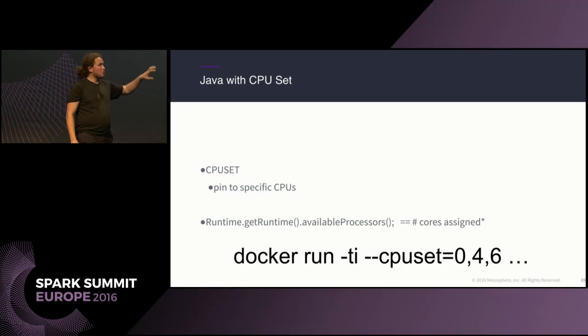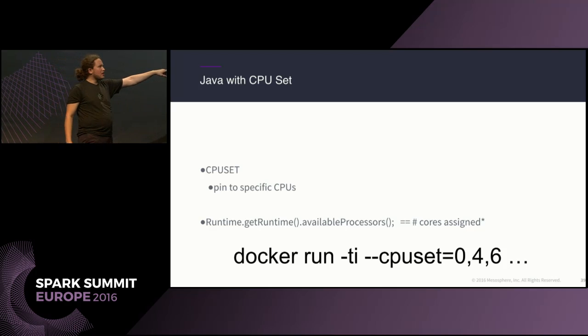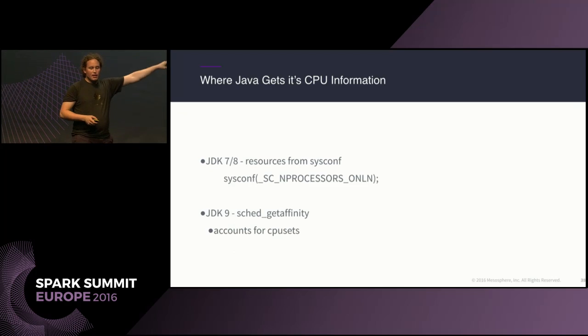That actually makes a huge difference when running inside a container. When you're running within a container and you have CPU sets specified, it really depends on how many cores are seen by the JRE. That refers to Java 9, where we have sched_getaffinity.